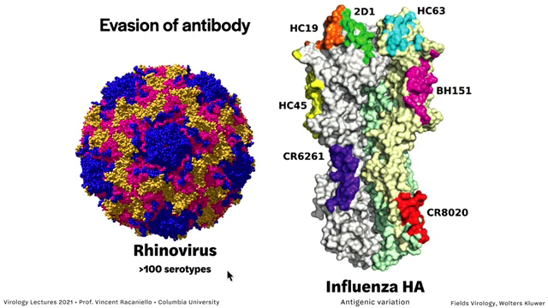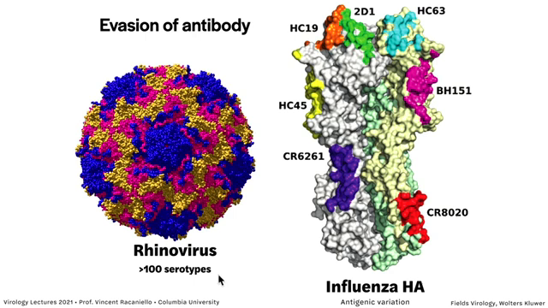There are over 100 different serotypes of rhinovirus. What is a serotype? A serotype is an antigenically distinct form of a virus, such that if I'm infected with, say, rhinovirus serotype 1, I make antibodies against serotype 1, but they don't protect me from serotype 2. That's the definition of a serotype.